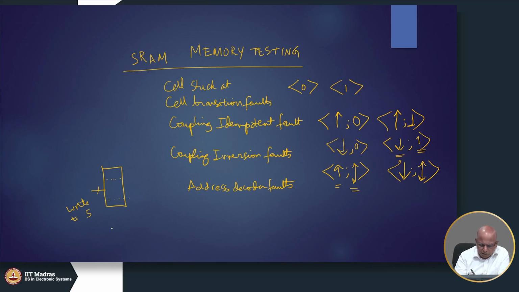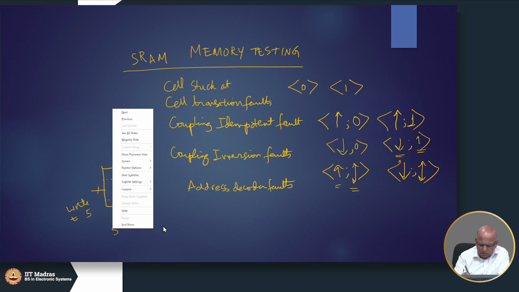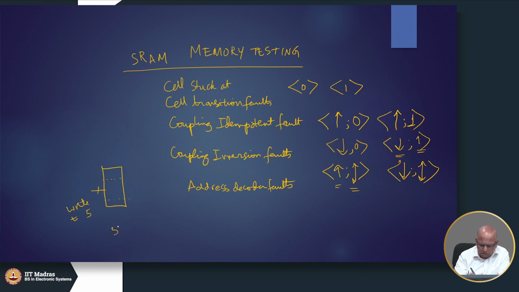I was supposed to write to 5, but I ended up writing to both 5 and 10. It can in fact write to multiple locations because there could be many address decoder faults. It could be that it doesn't write to any one of them.